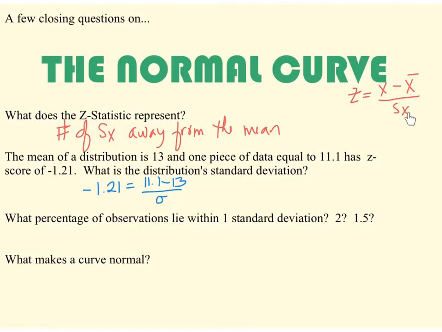Sx is a sample deviation, this is like a population deviation, but they're kind of interchangeable, at least for what we're doing right now.